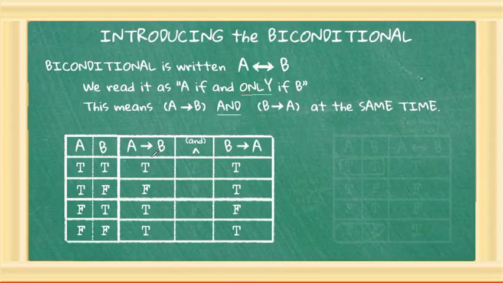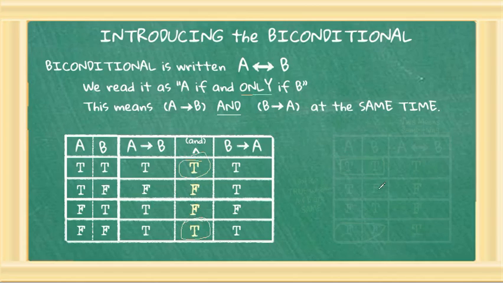So let's see when is the first one and the second one both true by ANDing those together. And we get basically just this one time when true and true. Otherwise, well, I'm sorry, there's one here too. So we have to have two cases where they're both true.